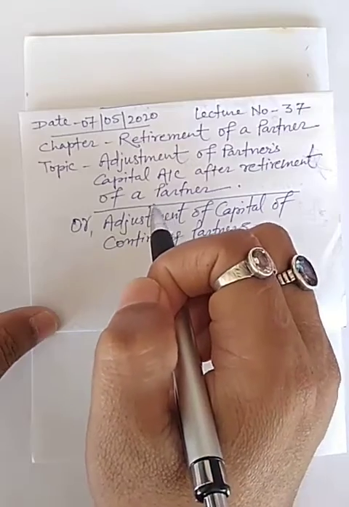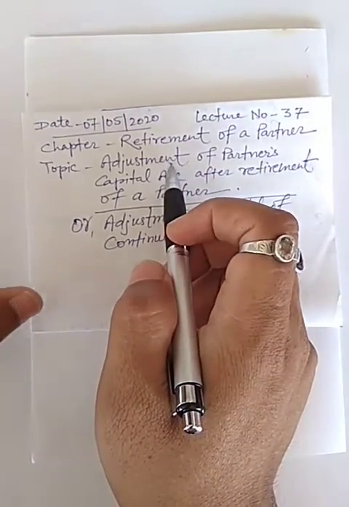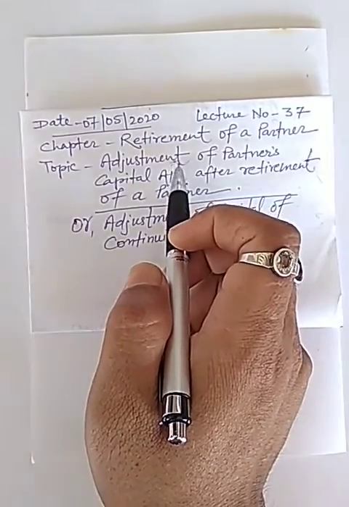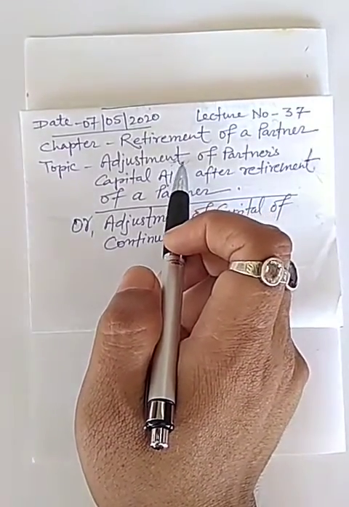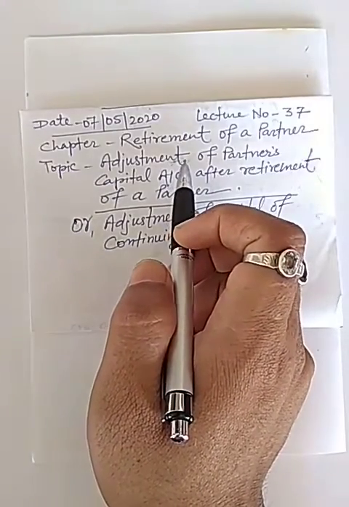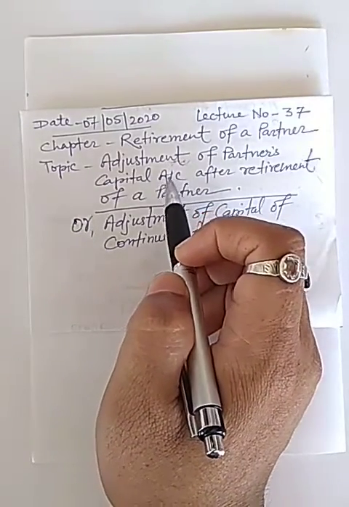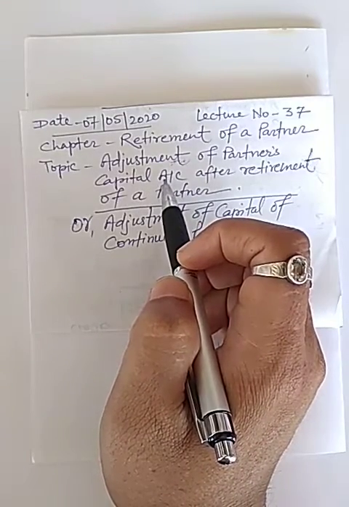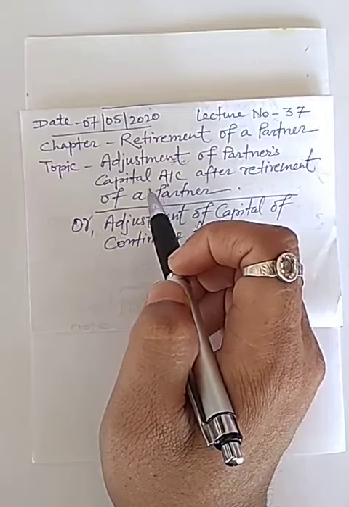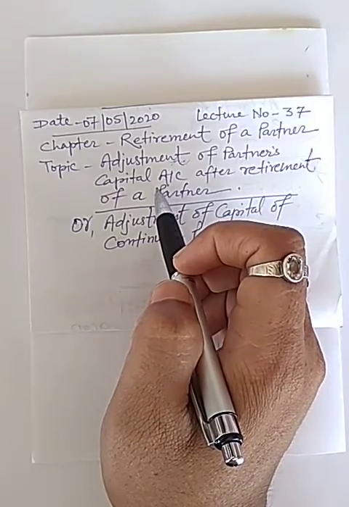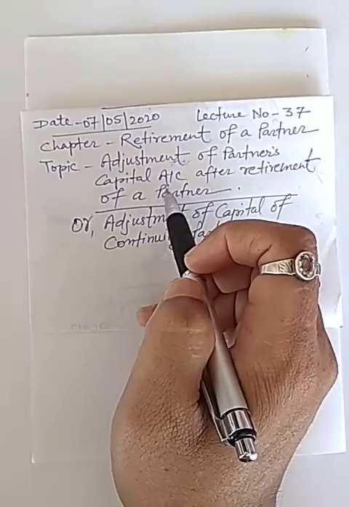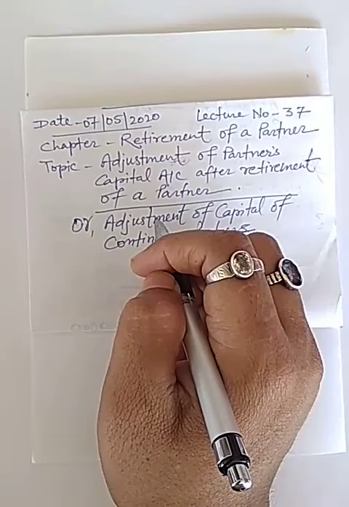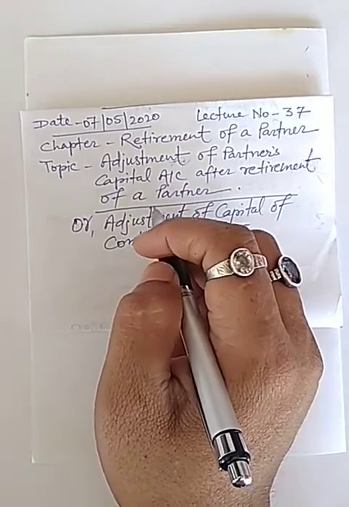In a partnership business, partners may or may not contribute their capital in proportion to their profit share, but at the time of retirement or death of a partner, the continuing partners may decide that their capital will be in proportion to their profit sharing ratio in future.